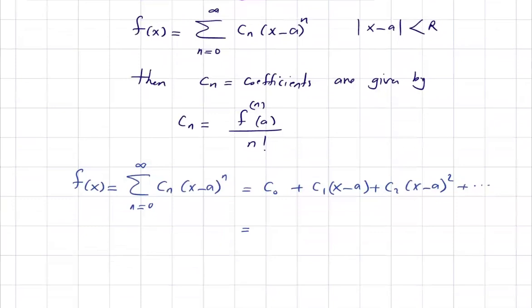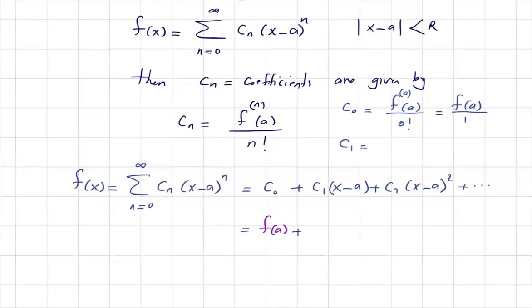Let us calculate each one of these for you. C sub 0 is the 0th derivative of f at a divided by 0 factorial. The 0th derivative of f is nothing but f itself, and 0 factorial is equal to 1. So c sub 0 can be written as f of a, plus c sub 1.